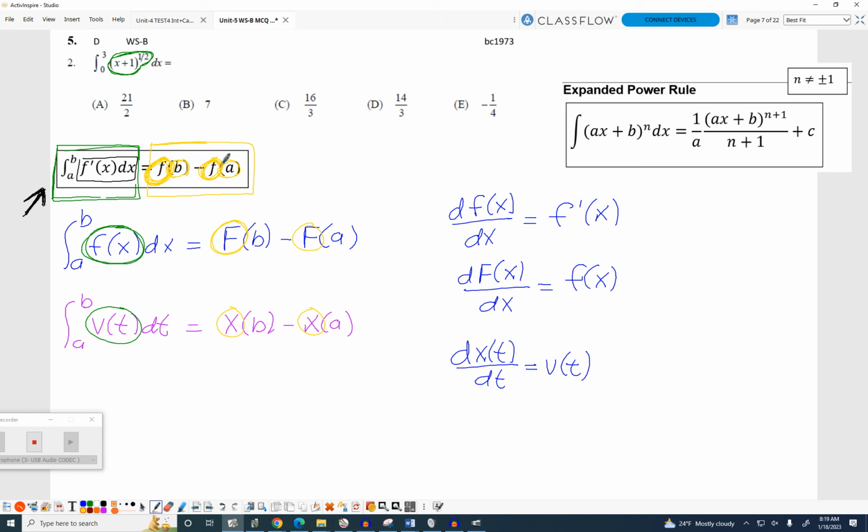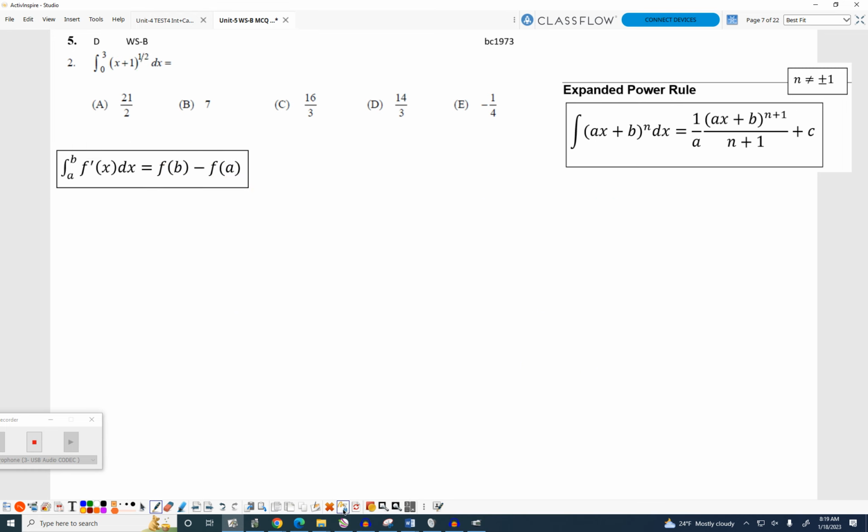Anybody else? Okay, so can I erase what's on the board here? Kind of a fresh start on your paper. We know that this formula, whatever you want to call it, doesn't really matter.